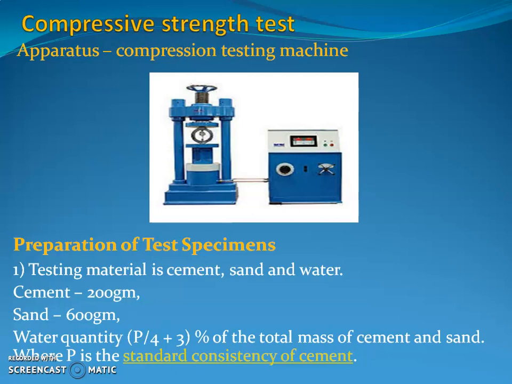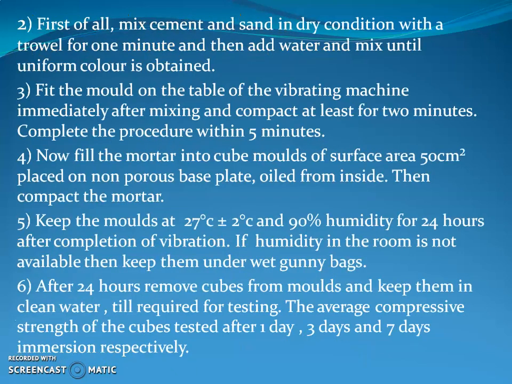Take cement about 200 gram, sand 600 gram. Water quantity is P/4 plus 3% of the total mass of the cement and sand, where P is the standard consistency of cement. First, mix cement and sand in dry condition with a trowel for 1 minute and then add water and mix until uniform color is obtained.